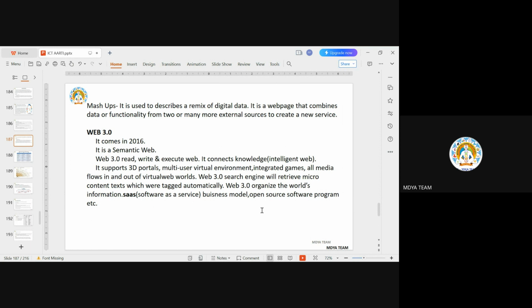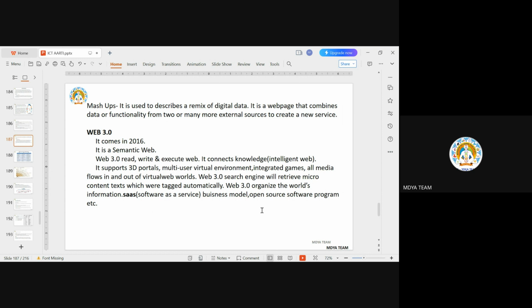Open source software, as we discussed. In open source software, the source code is free of cost. Source code means, for example, the source code of an operating system, where you can make your own operating system.